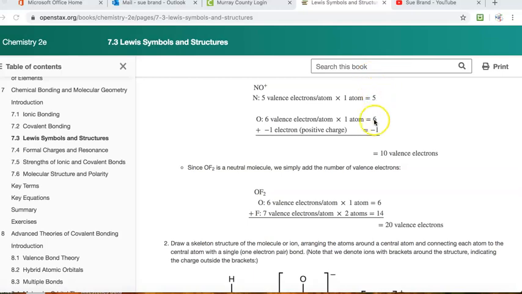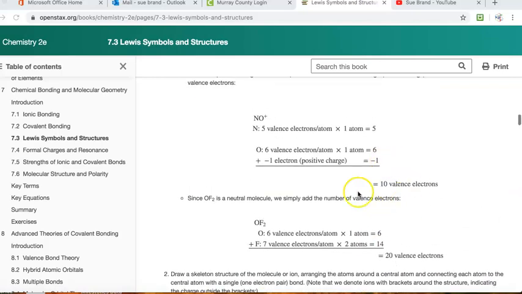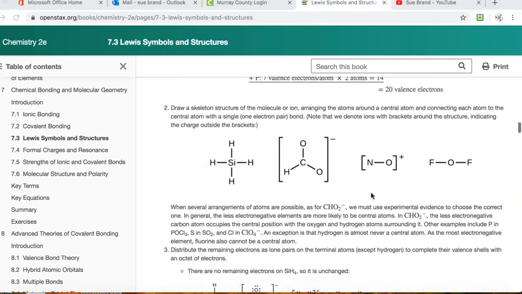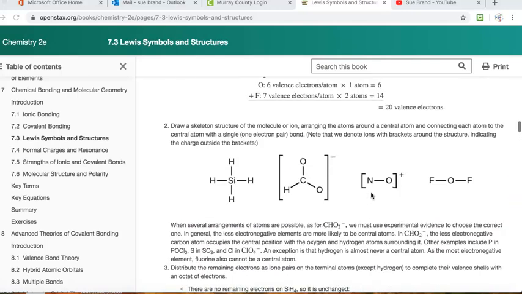So instead of having 11 electrons, it only has 10. Most of the time your total number of electrons should be an even number. Lone pairs are usually pairs, they don't exist as single electrons, and you usually don't want a single electron if you can help it. So just keep that in mind.